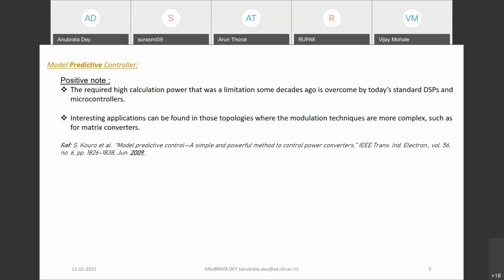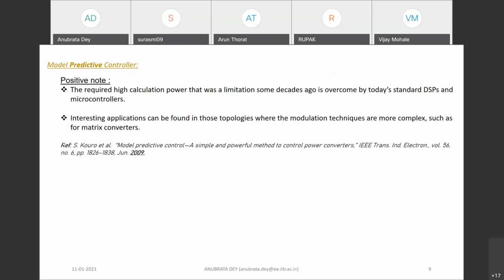In order to avoid those issues, we use the model predictive controller, which is basically a current control technique. Here you are making use of a model which is known to you, and that model is nothing but some equations coming from the knowledge of your plant.